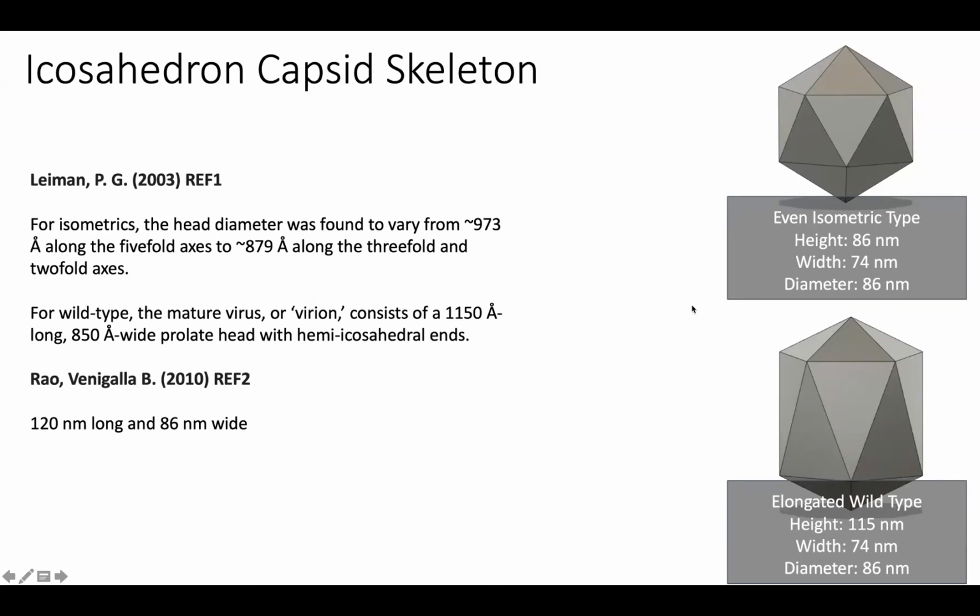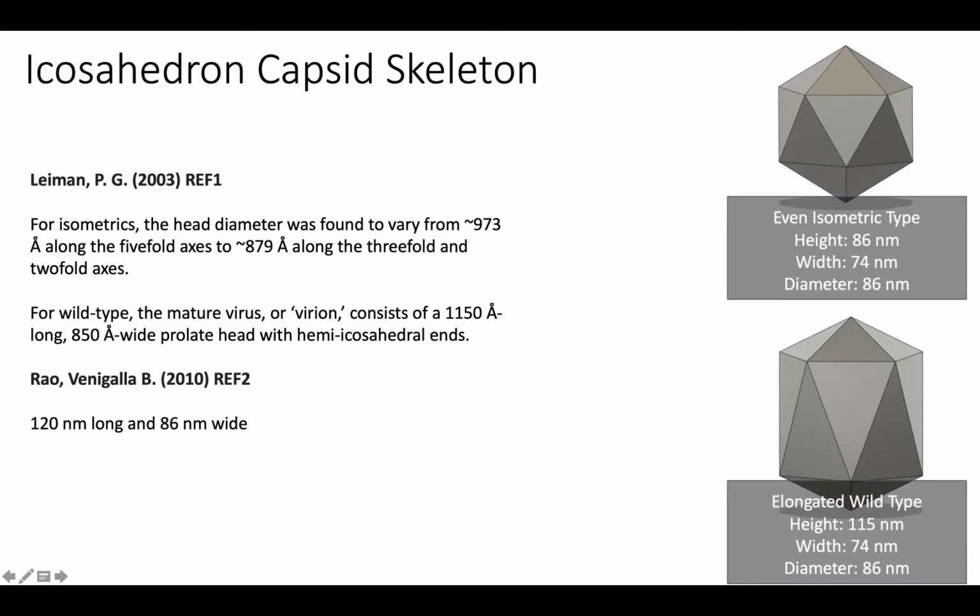So in our modeling, we used the following parameters and found it fits well with the PDB structures we are using. The height is defined as the distance between the top and the bottom vertices. It is 86 nanometers for isometric.